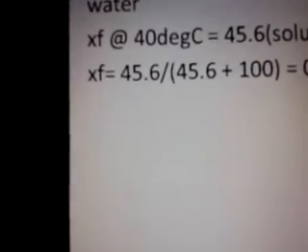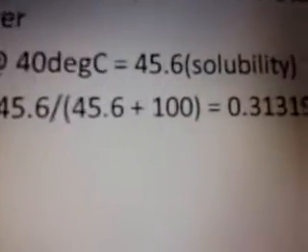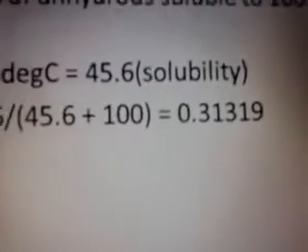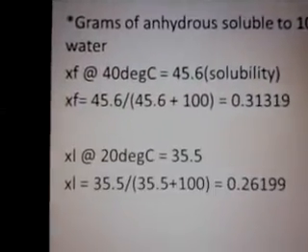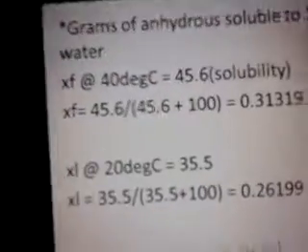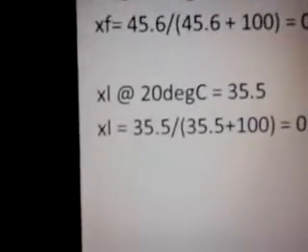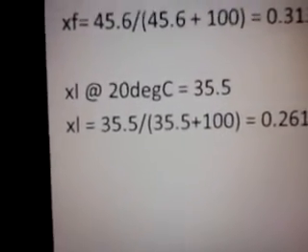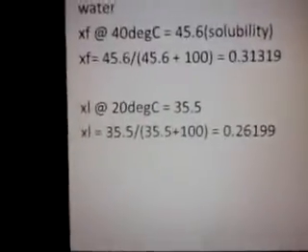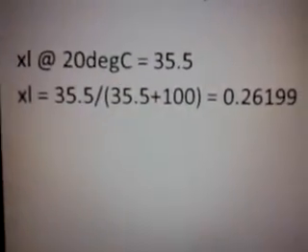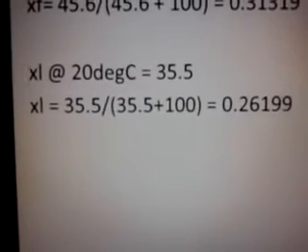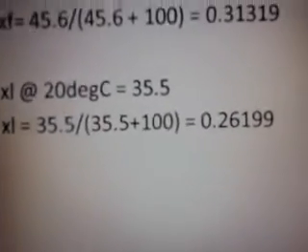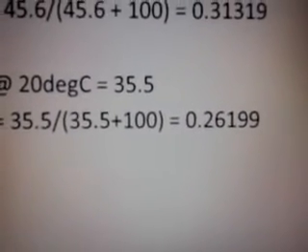It is just like a mass fraction. So the answer is 0.31319. Next is the XL for the liquor, which is XL at 20 degrees Celsius. In the handbook it's 35.5, so XL is equal to 35.5 divided by 35.5 plus 100, which is equal to 0.26199.